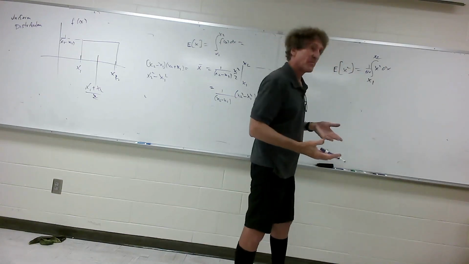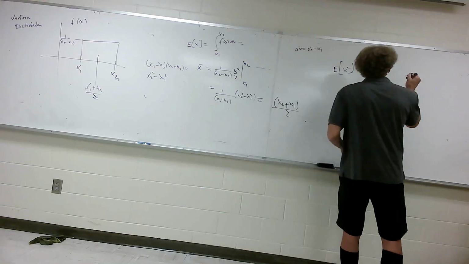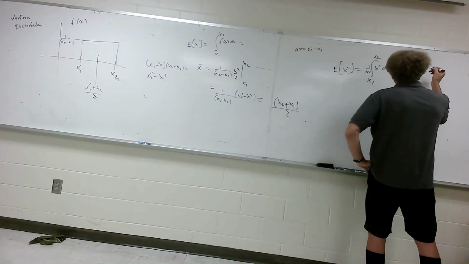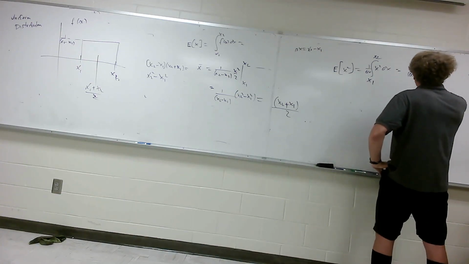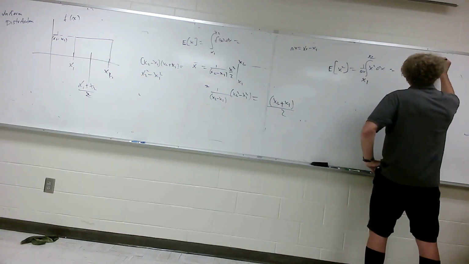I hope you all follow me on this. Just the definition. So this becomes simply 1 over delta x, and then I get x cubed over 3, evaluated from x1 to x2.